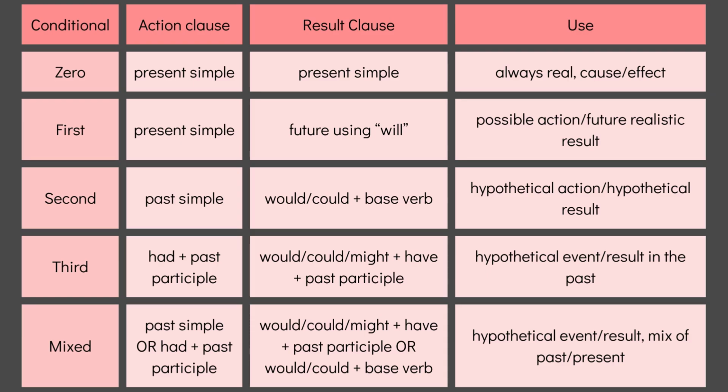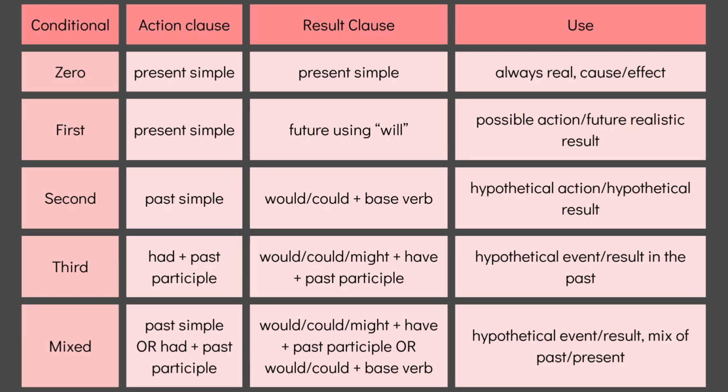The second conditional uses its action clause in the past simple tense, and its result clause has would or could plus a base verb. We use the second conditional to talk about hypothetical or unreal actions and their hypothetical result.